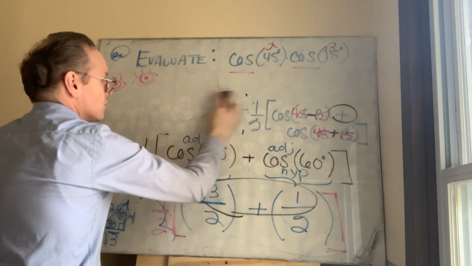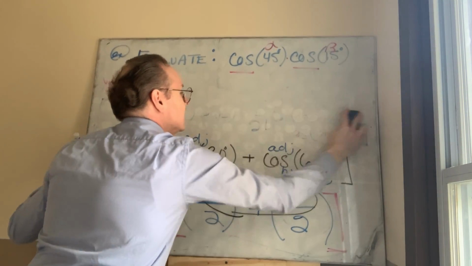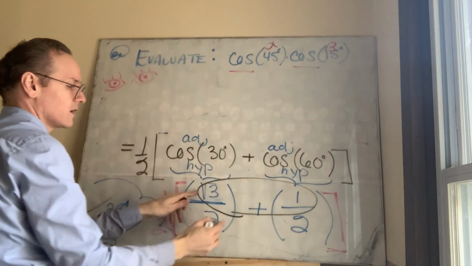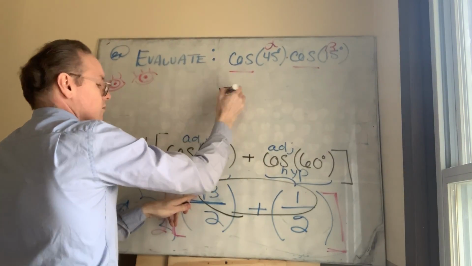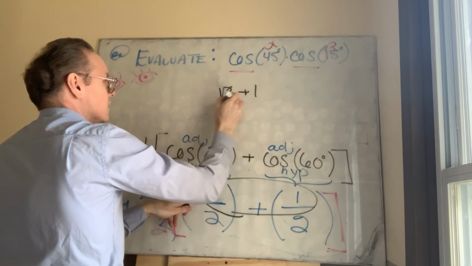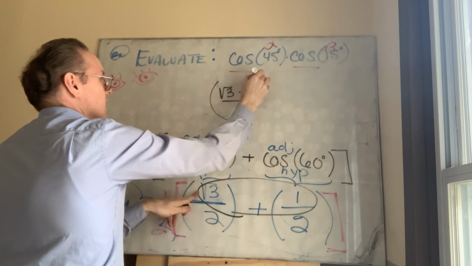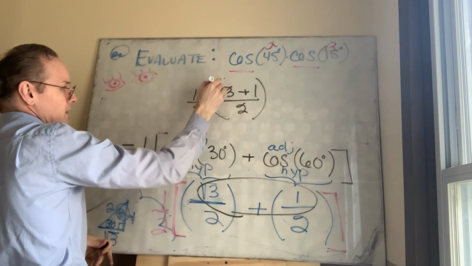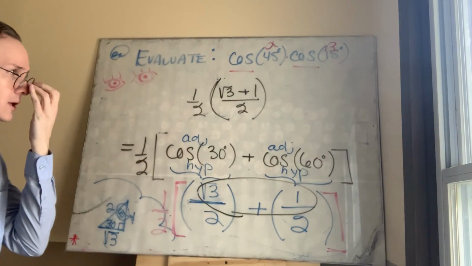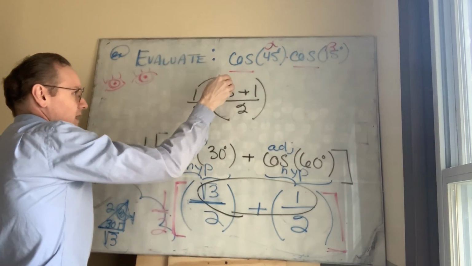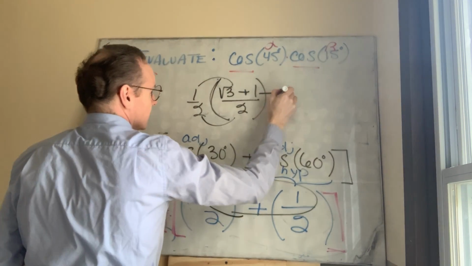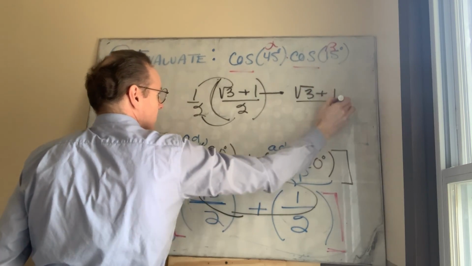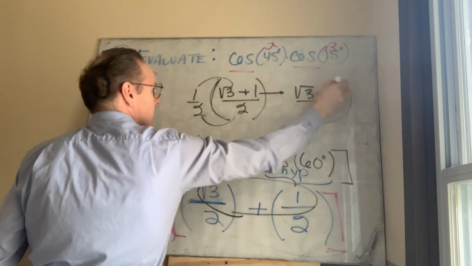So write it as the square root of 3 plus 1 sitting on top of 2, and there's still this 1/2 on the outside. I'm just opting for a different style of bracket, okay? So then it's top times top and bottom times bottom, and the end result is the square root of 3 plus 1 over 4.